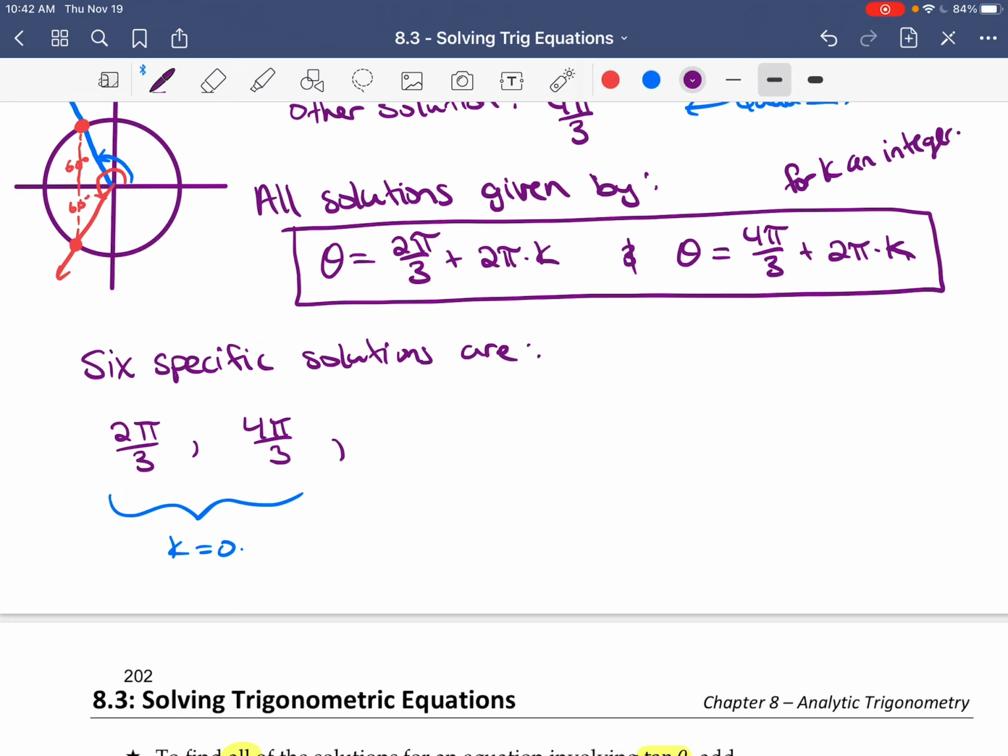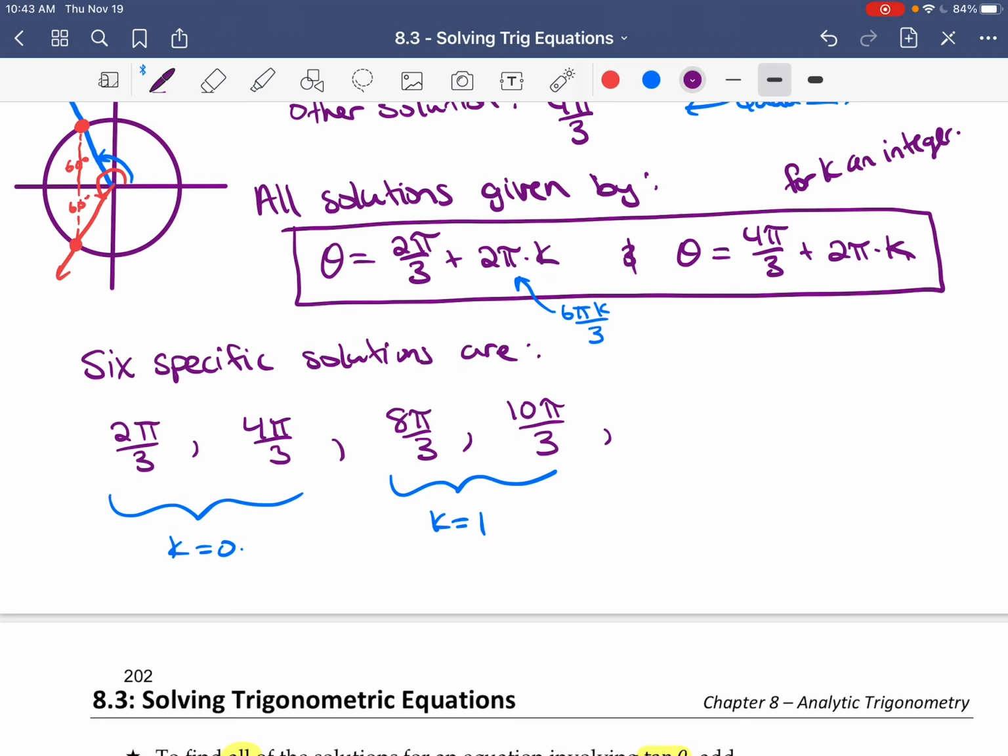So I would add 2 pi, these are both over 3, so this is actually 6 pi over 3 if I make a common denominator. So 2 pi plus 6 pi is 8 pi over 3. 4 pi over 3 plus 6 pi over 3, that's going to be 10 pi over 3. So these ones are for k equals 1.